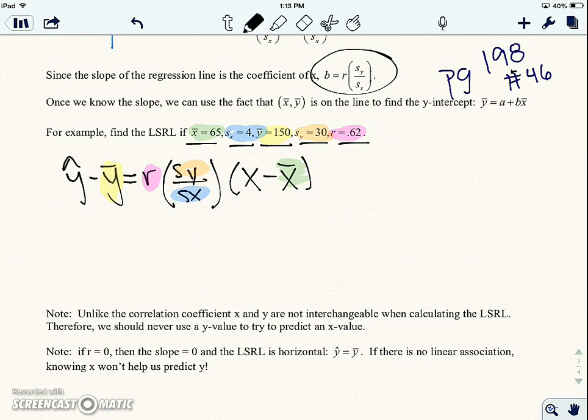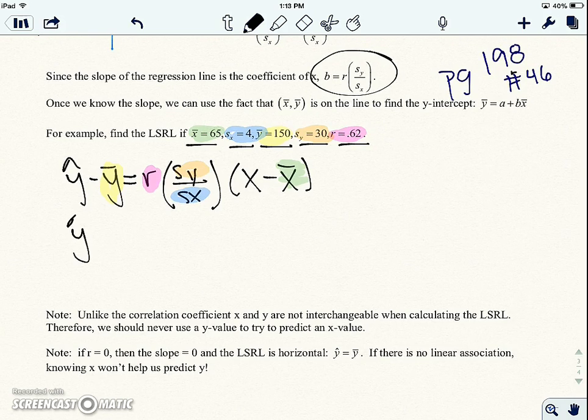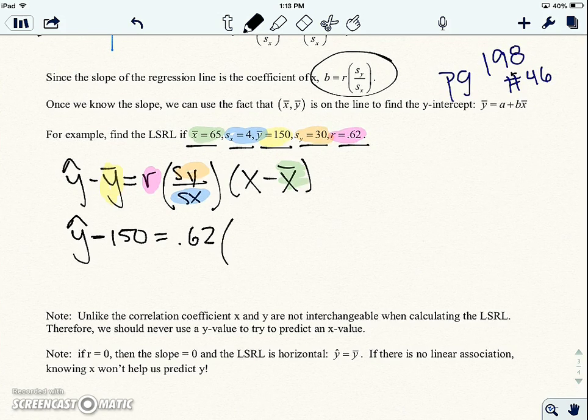So I'm going to do that. I've got y hat minus 150 equals our r of 0.62 times s of y, which is 30, over s of x, which is 4, times x minus x bar of 65.